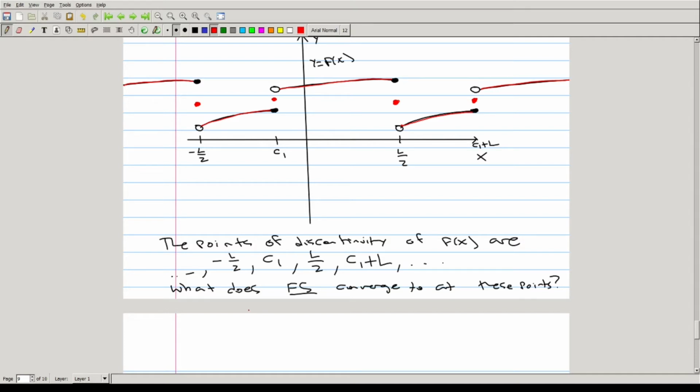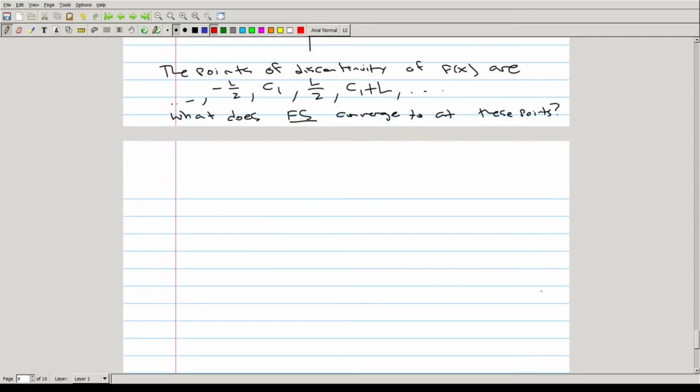And this is exactly the general theorem that we'll end up having.